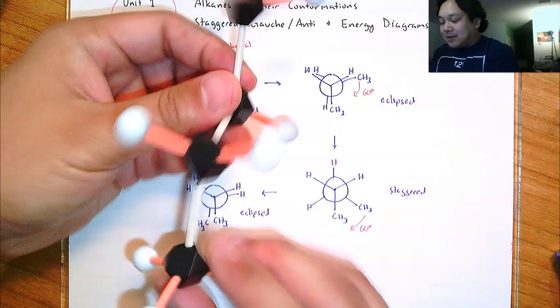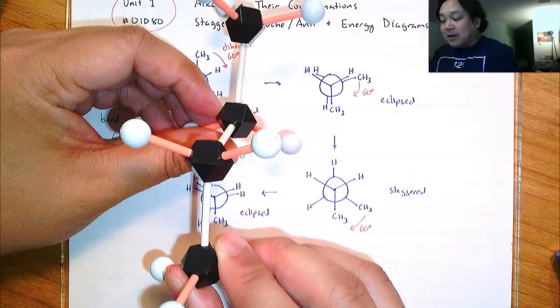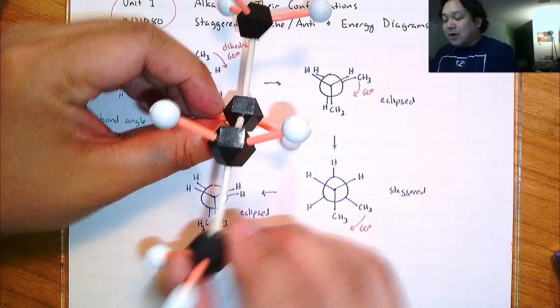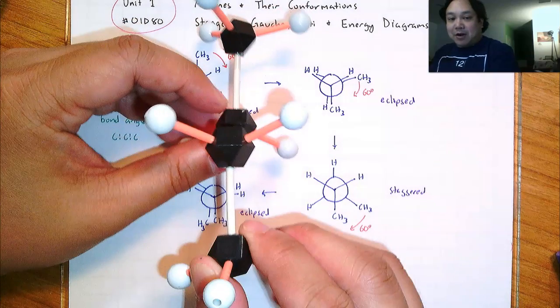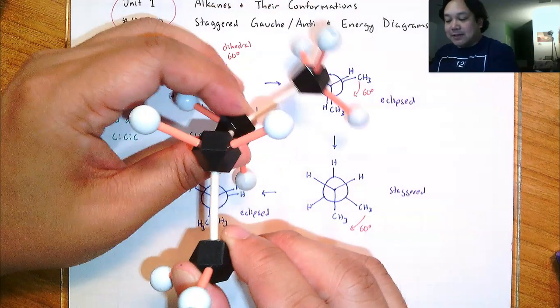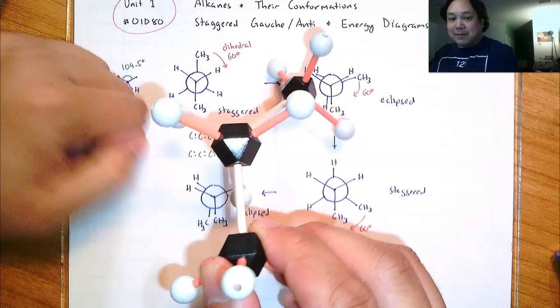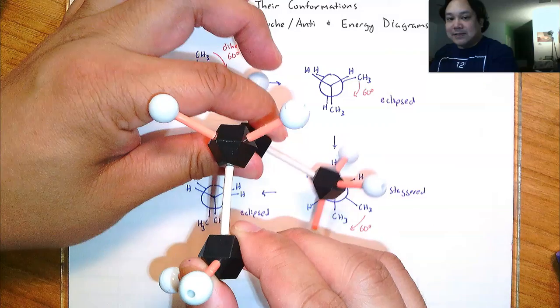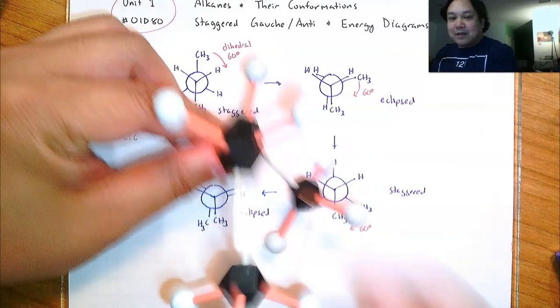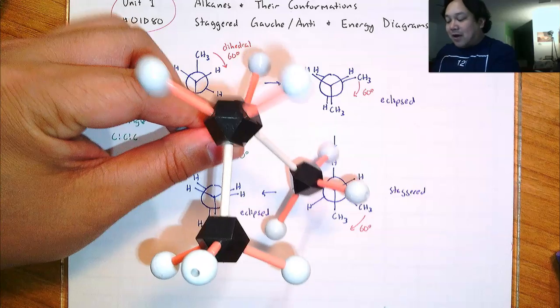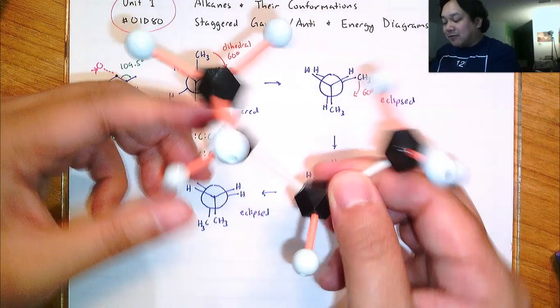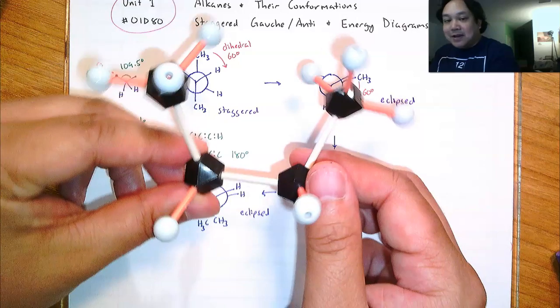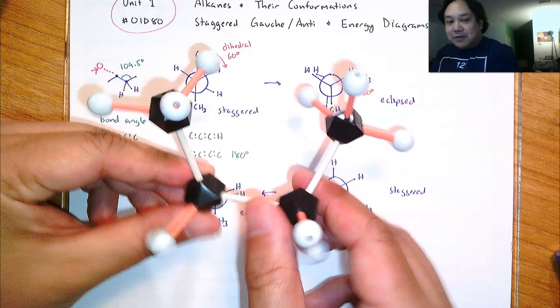But as I move this 120 degrees, the back carbon. So where's 60? 60 is there, eclipsed. Another 60 is back to the staggered. Now when I put it on its side, not twisting it, but just putting it on its side, see how the methyl groups are closer together?